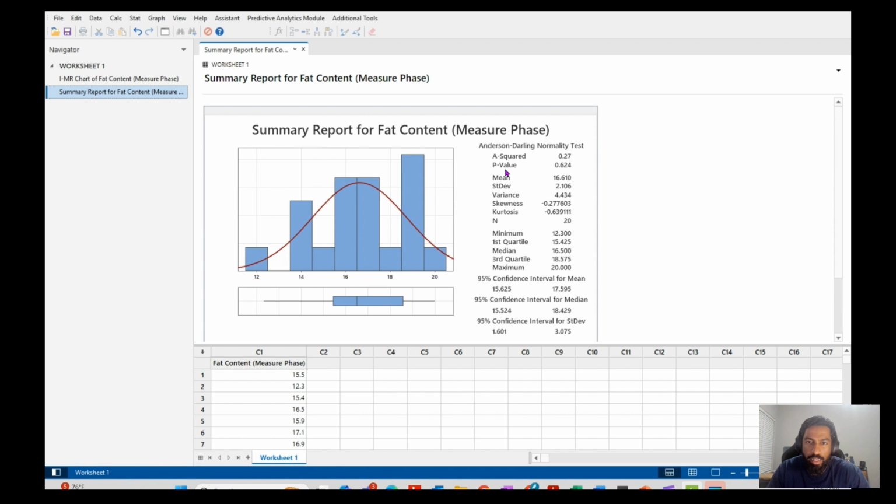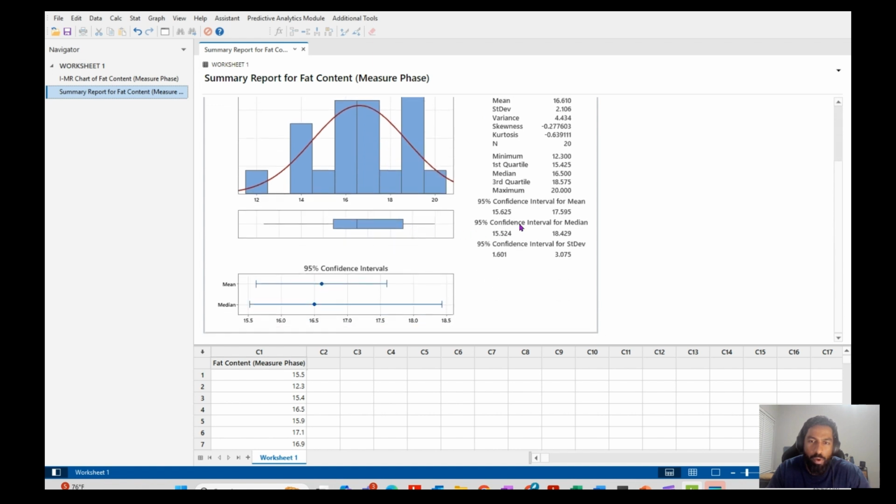As you can see here, the p-value is 0.624, which is greater than 0.05. So you can say that the distribution is normal. And over here, we can also see that the confidence interval for the mean is 15.625 to 17.595.